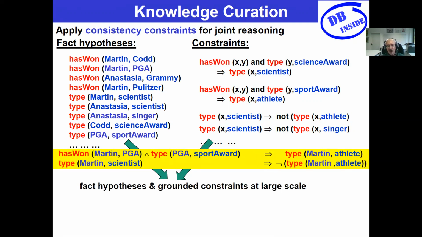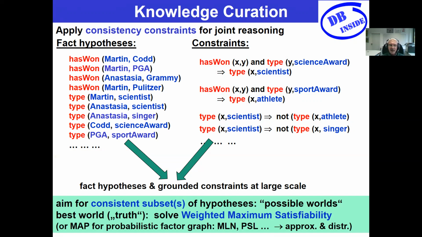And now this large set of clauses is almost certainly bound to be inconsistent, simply by the noisy process for getting the fact hypothesis, and also because some of the constraints might actually be soft constraints, tolerating exceptions. But what we can do, we can identify a large subset that is by itself consistent, a high quality possible world.